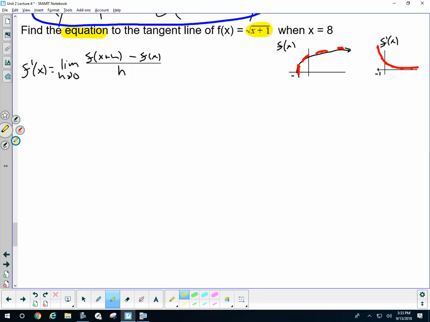F of x is easy. We need to replace f of x plus h. Wherever we have x, replace it with x plus h.